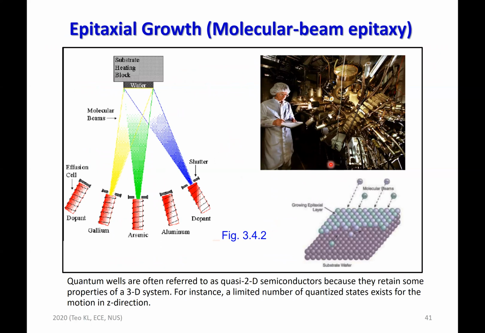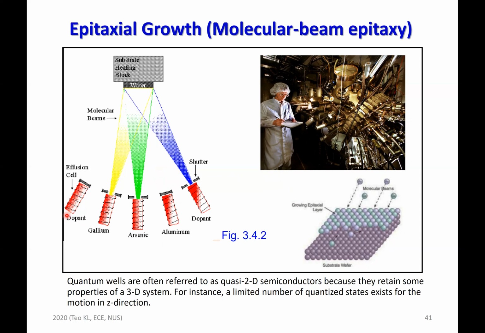Now, this shows an example of an epitaxial growth of semiconductor using molecular beam epitaxy. So this is the molecular beam epitaxy system. Your source material, for example gallium arsenide, aluminum, or even the dopant, is contained in a crucible and then put in a diffusion cell.